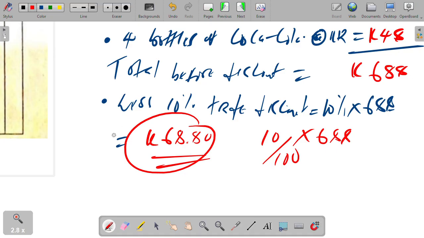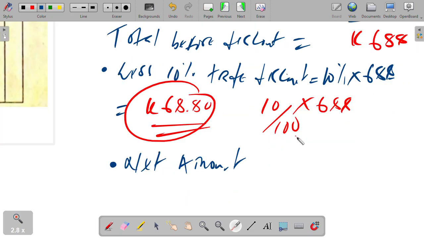Okay, then what is our net amount? So we have to subtract this from the total. So net amount is found by subtracting this amount here, after we have applied our trade discount, from this total amount before the discount. So our calculation will look like this.